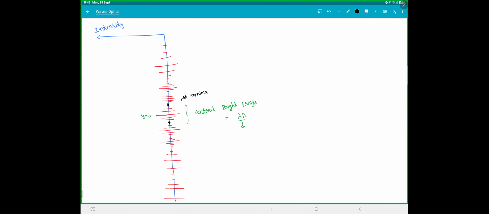And if you look at this region here, you can see the fringes are uniformly placed. So this is the case where D is much greater than y. Fringes are uniform and equally spaced, approximately.